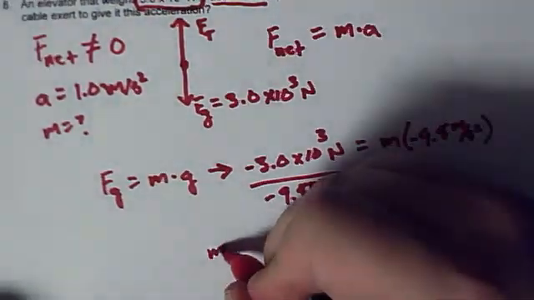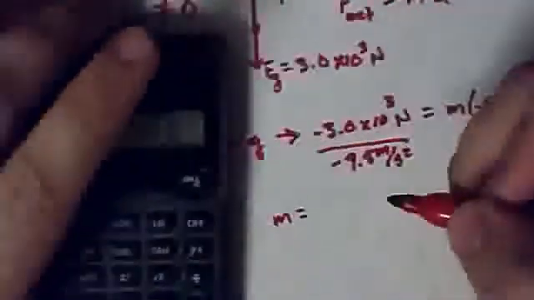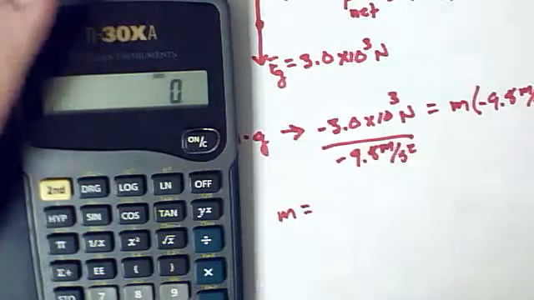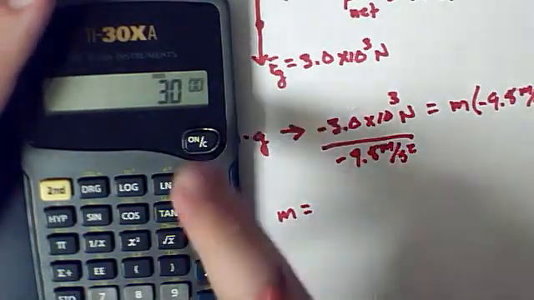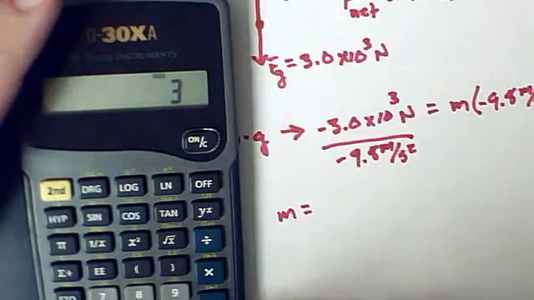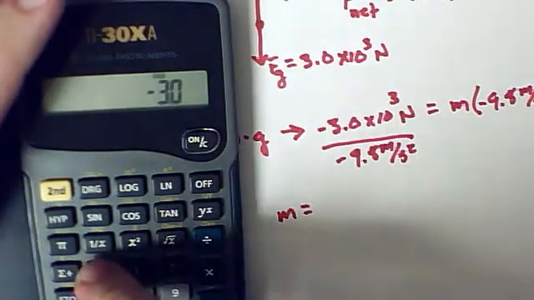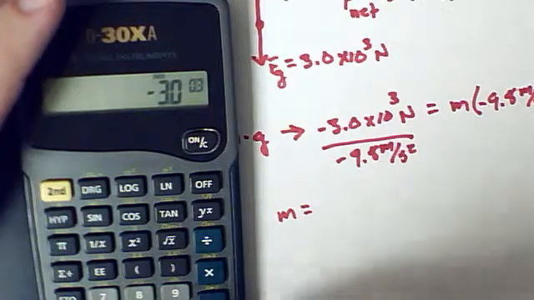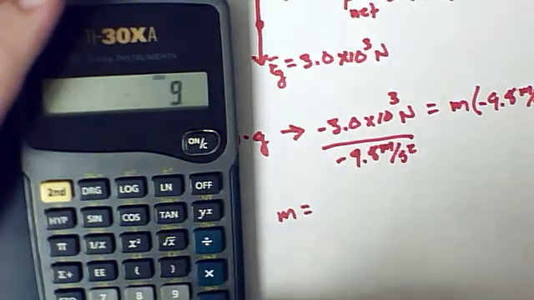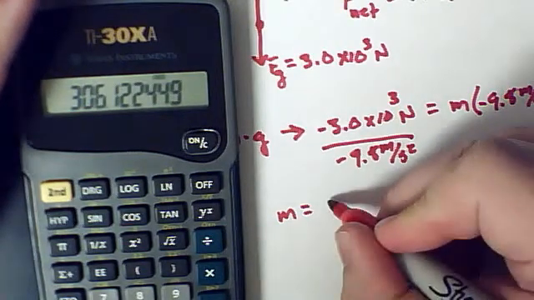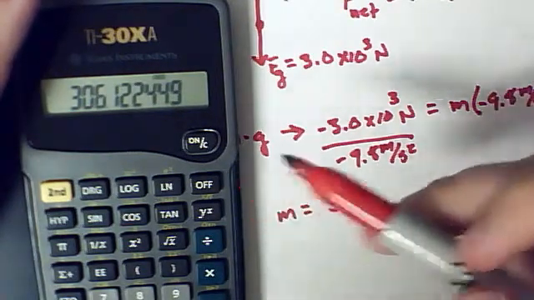So my mass is, you gotta make it negative, 3.0 negative times 10 to the third divided by 9.8 negative equals, mass is 306.